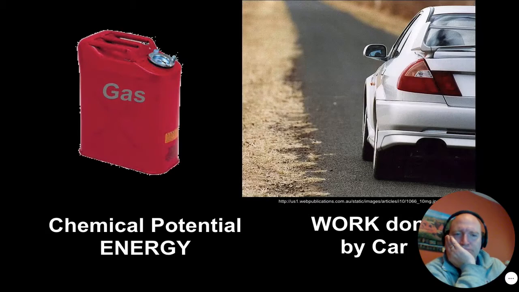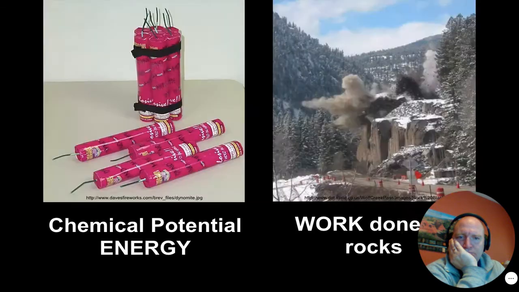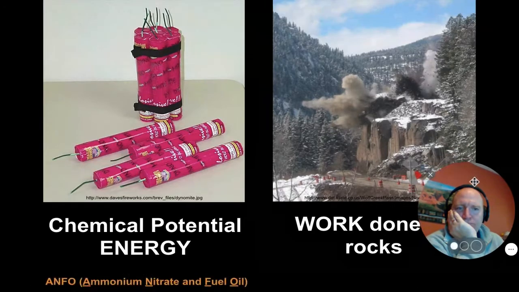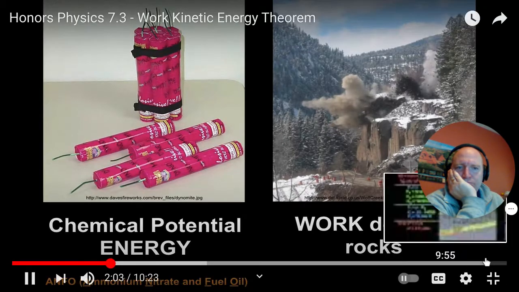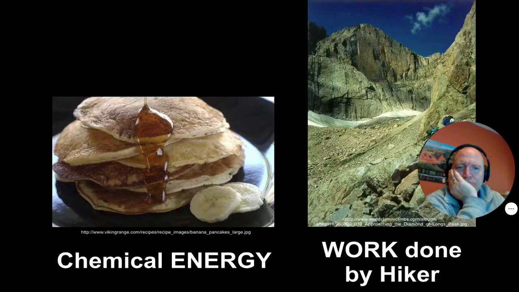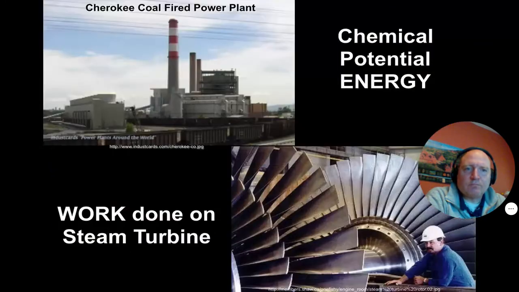So the gasoline in your car is chemical potential energy in the molecules. That's converted into kinetic energy and work done by your car. Chemical energy also is stored in dynamite or ANFO and can be used to destroy things like mountains or buildings. Chemical energy is also stored in food. So when you eat it, you convert that into energy that can allow you to do work from your everyday life.